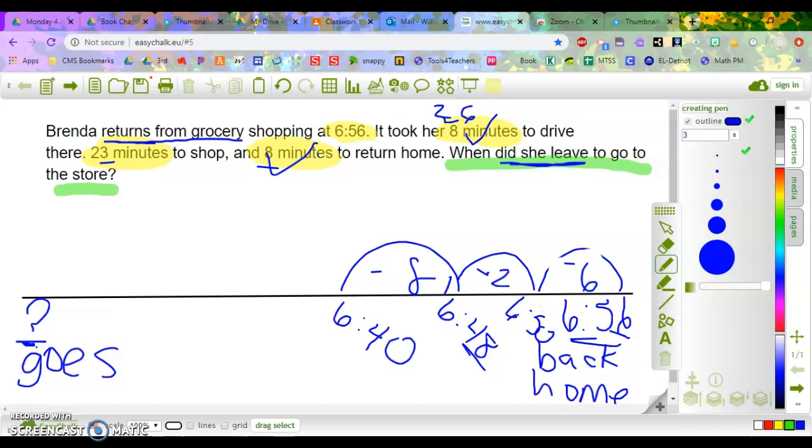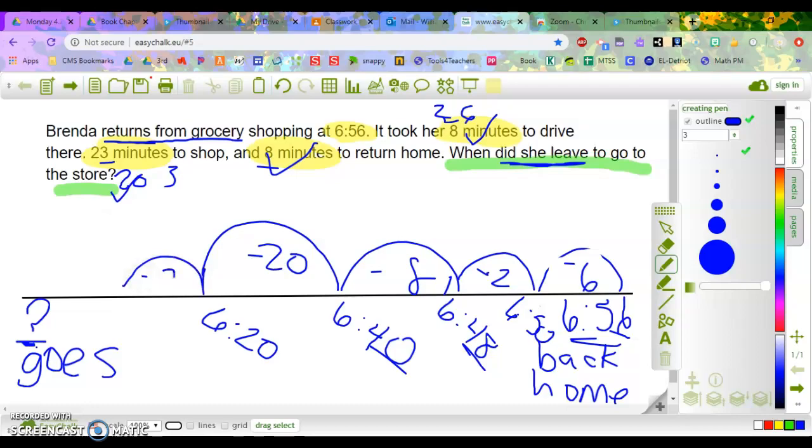I'm going to break up my 23 into 20 and 3. My first jump is going to be minus 20 from my 40 minutes here, which is 6:20. So I've done my 20. I have 3 left to jump back, which lands me at 6:17.